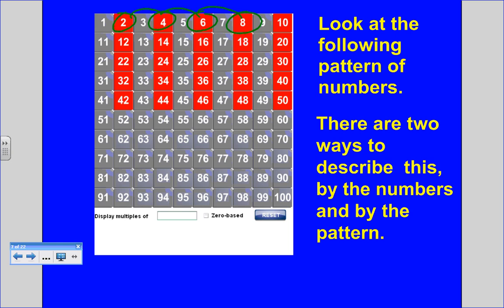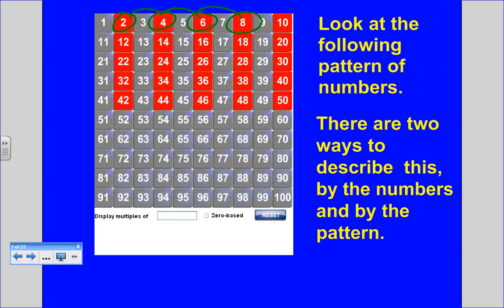Okay? So you see here, I've got 2, 4, 6, 8. They are all basically skip counting by 2s. Now you can actually describe this in 2 ways. The first way is by the numbers. It's called a symbolic method. So if you describe this by the numbers, we are skip counting by 2s. If you describe it by the pattern, you could just basically look at the picture and say, what am I doing?